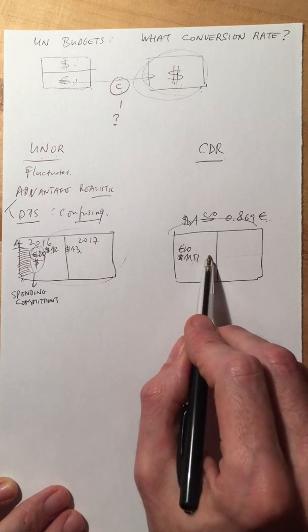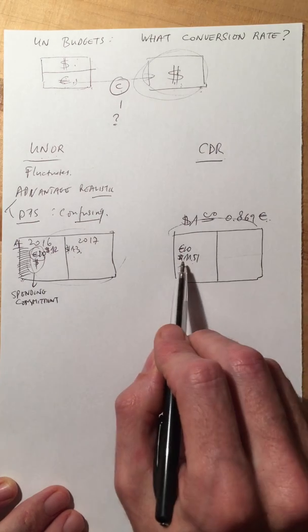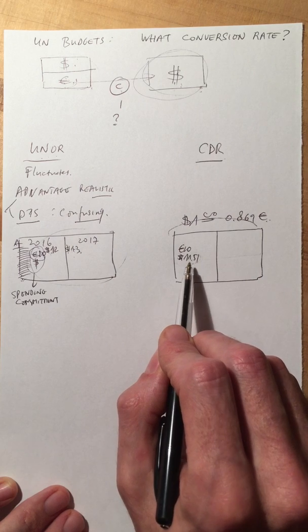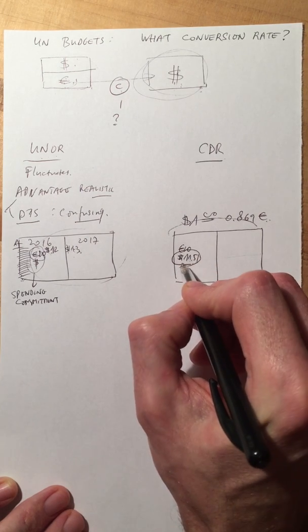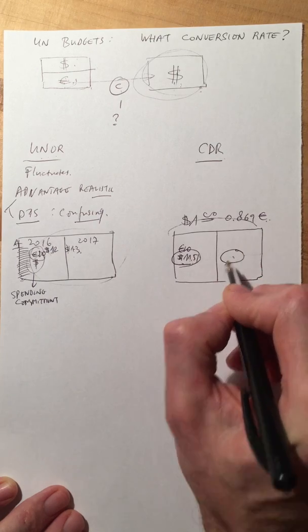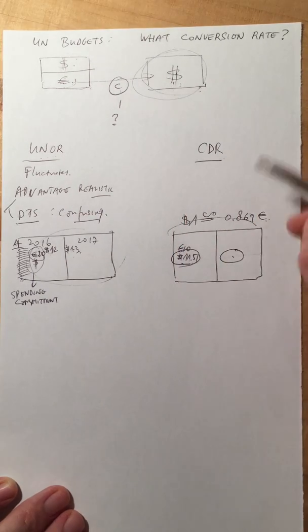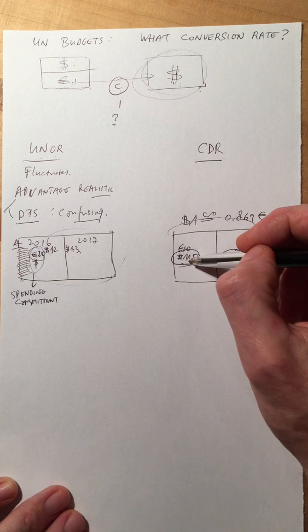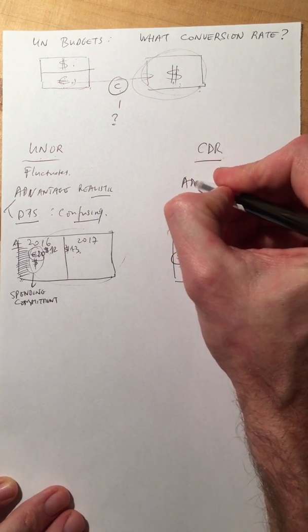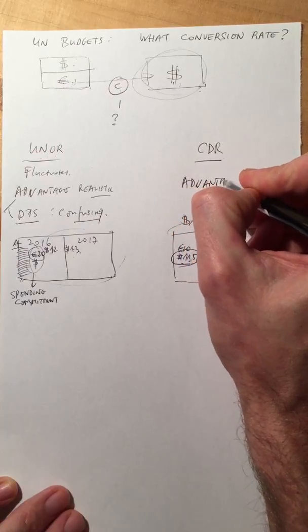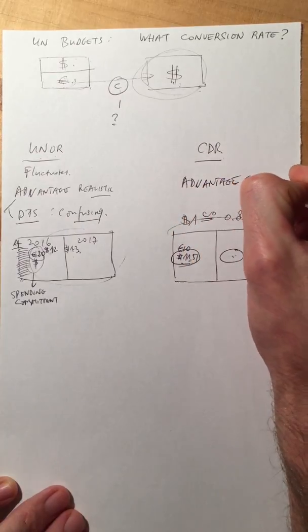So it doesn't matter when you spend it and how you present it, because it will always be presented as $11.51, both at the moment where you commit to spending it and at the moment where you spend it. So it's very easy to see whether you spent too much or not. So the advantage is that it's clear.